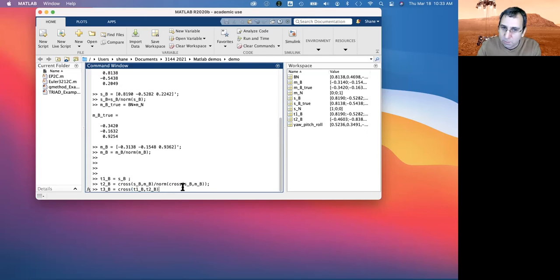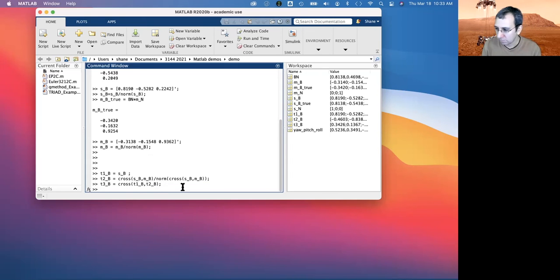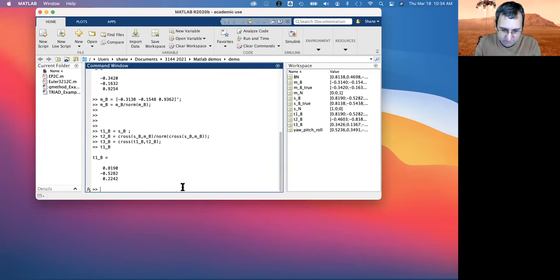We don't have to normalize because T1 and T2 are already orthogonal and normal. So there we go. You could look at what those vectors look like. What is T1B? It's that, and then you have the others too.